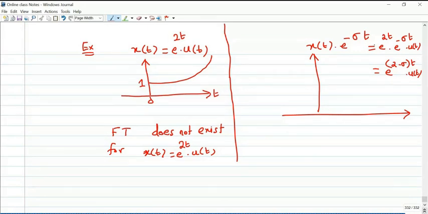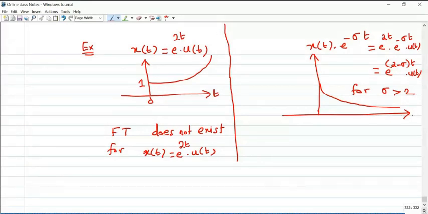Now based on some condition, we are able to analyze the particular system. What is the condition? It is with respect to sigma. Now this signal becomes like this for sigma greater than 2. For sigma greater than 2, we may draw the signal x of t e power minus sigma t.